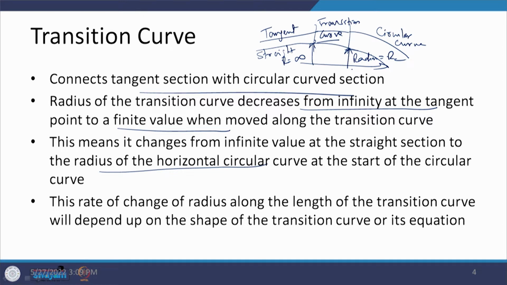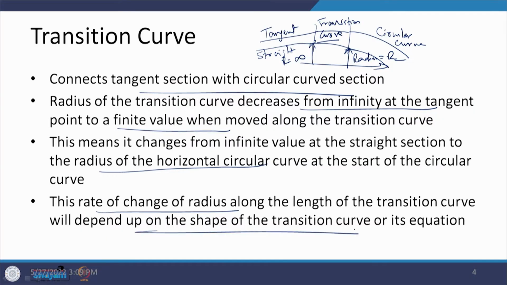This is going to depend on the type of curve we select as the provision for the transition curve. This rate of change of radius has to be looked at, because if it happens all of a sudden, if you are moving on a straight section and all of a sudden a curve comes, you will feel a jerk because of the application of the centrifugal force.